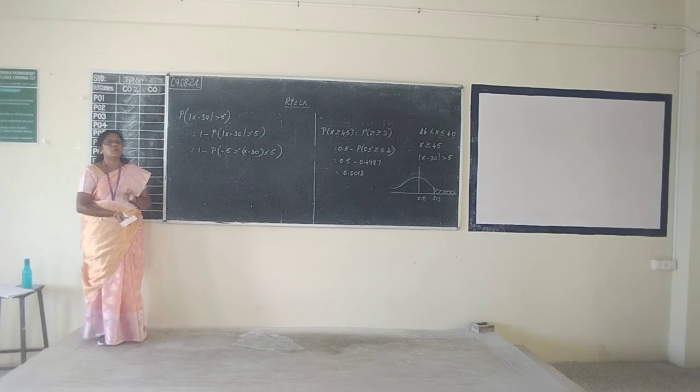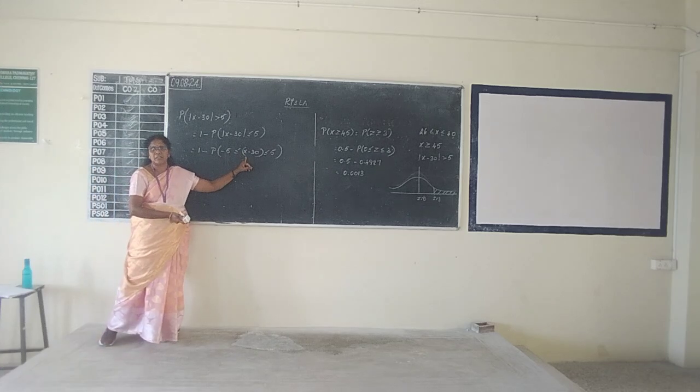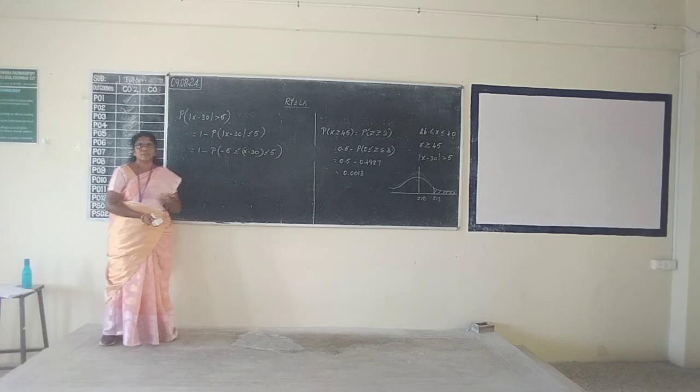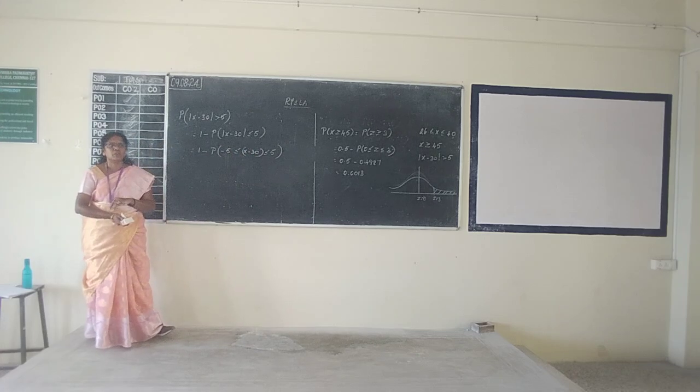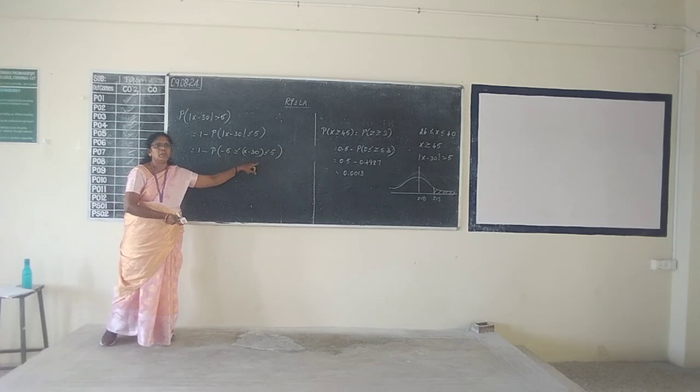Now again we go for one more step, because probability values are formed only for x with respect to the origin. Here we have minus 30. We have to remove this minus 30. What can we do? Add 30 on both sides. Actually we have to add 30 to all the three parts, so in between it will get cancelled.